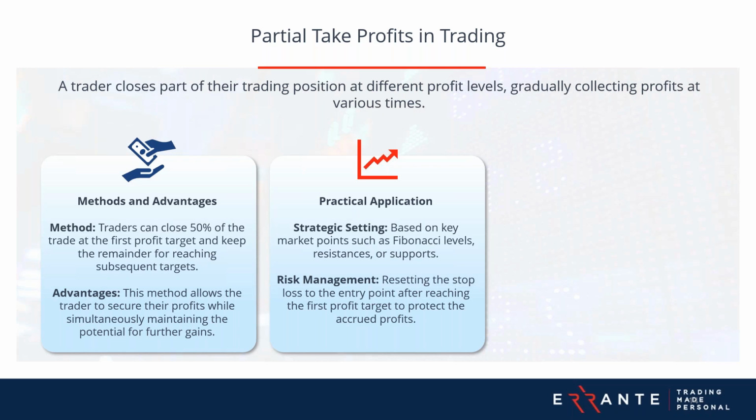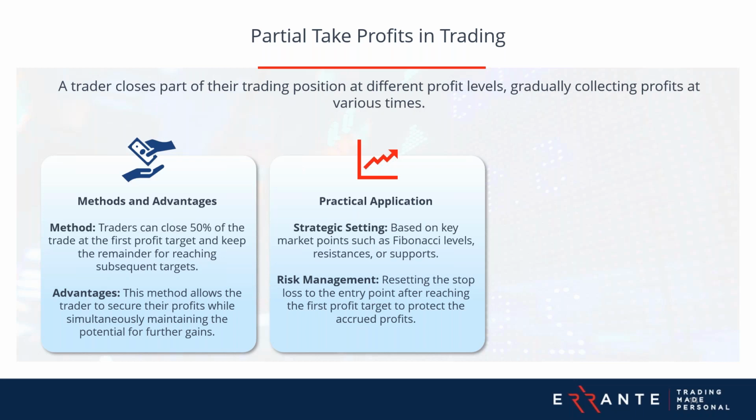Strategically, partial take profits are often set at key market points such as Fibonacci levels, resistances, or support levels. And these levels are typically where price reversals or significant breaks are likely to occur.